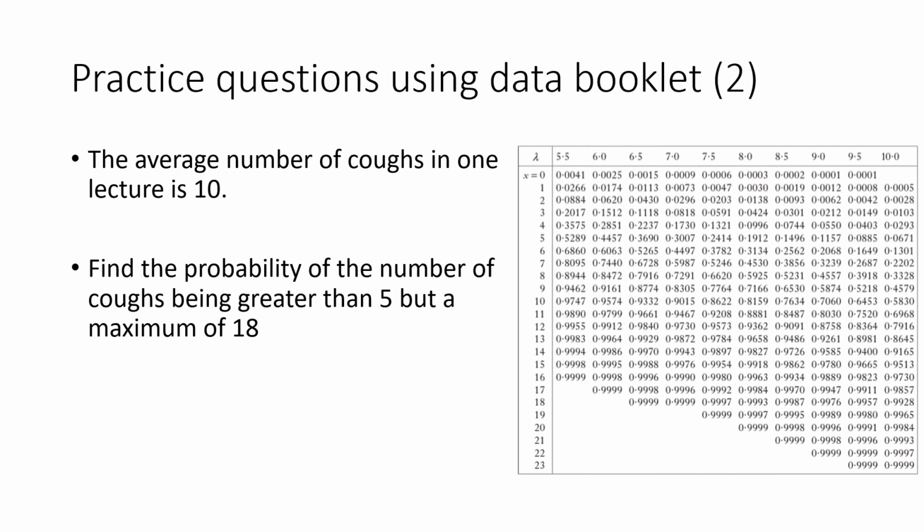All right, this final and trickier question. The average number of coughs in one lecture is 10, lambda is 10. Find the probability of the number of coughs being greater than 5, but a maximum of 18. Okay, this one is a bit tricky. What we have to do here, let's find the probability of x being a maximum of 18 first. And that is simple. We look at lambda 10, go down to 18, and we get 0.9928.